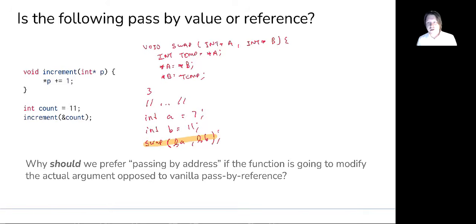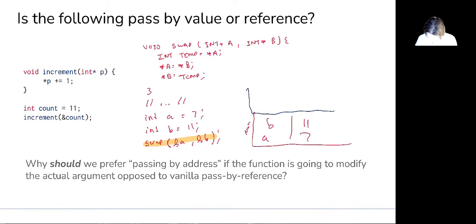Let's run through this in our little diagrams. In main, A takes on 7, B takes on 11, and then we hit this function call to swap.